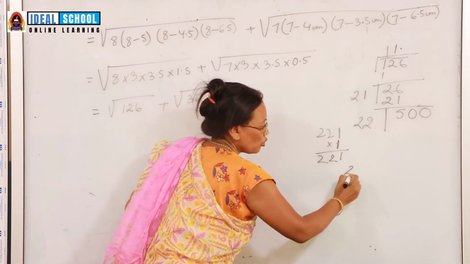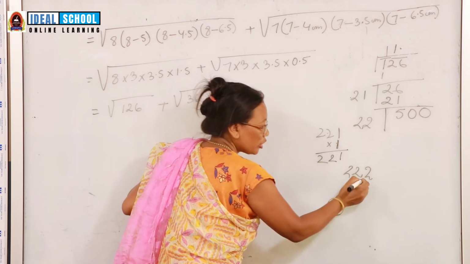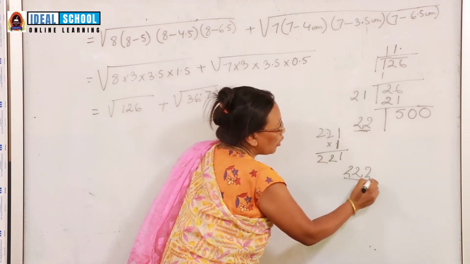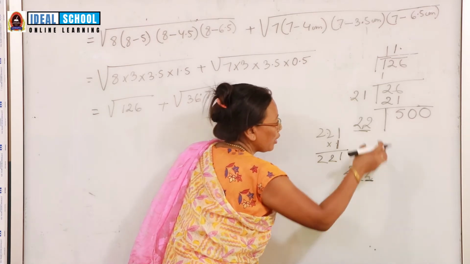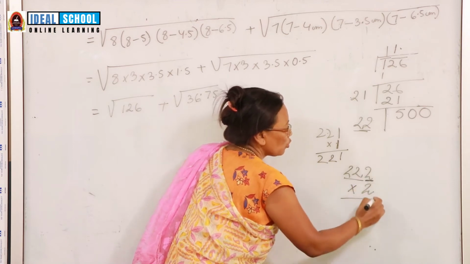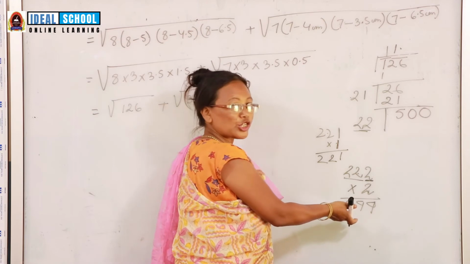Next let's see 22. If we write 2 here, we multiply by another 2. 2 times 2 is 4. Still very small.